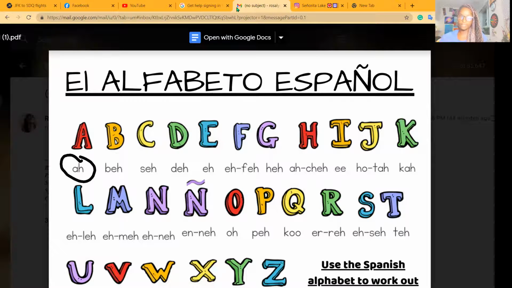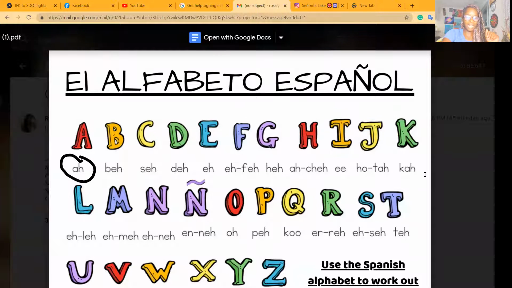La primera letra del alfabeto, letra means letter, right? We have consonantes y tenemos vocales. ¿Cuáles son las vocales? Las vocales en español son las siguientes.